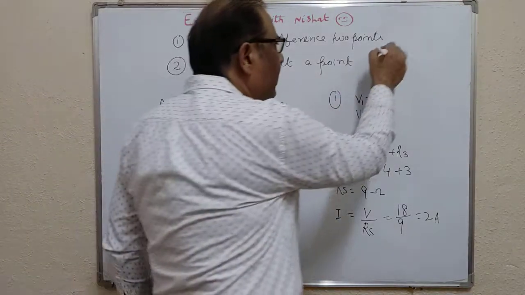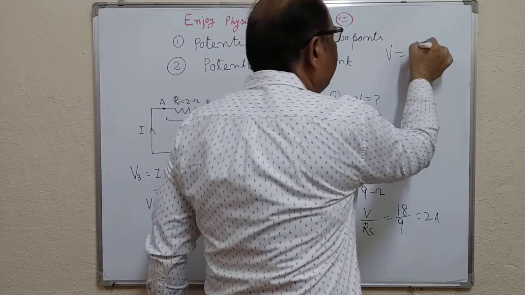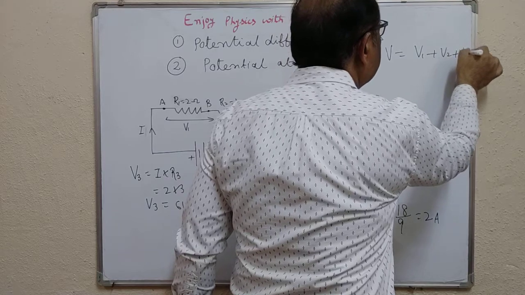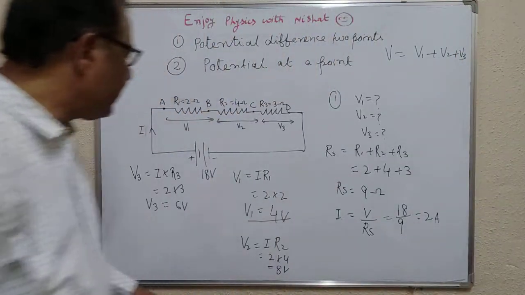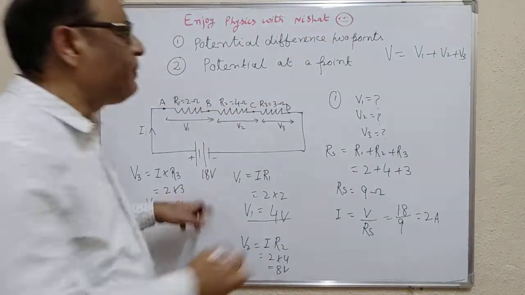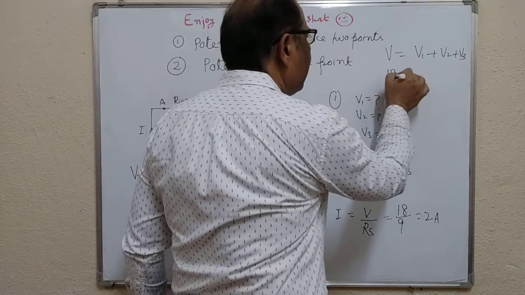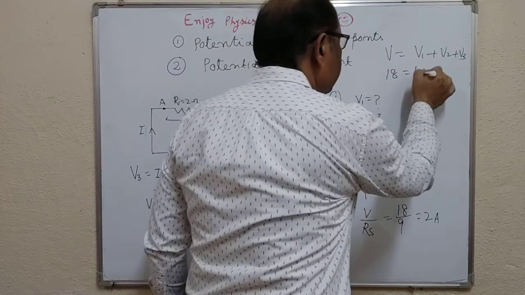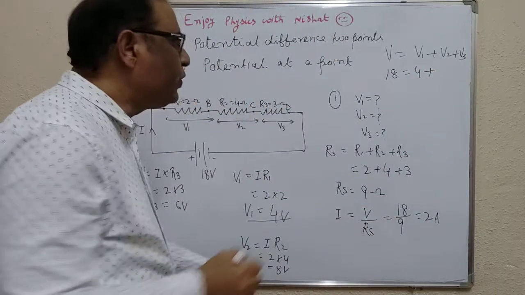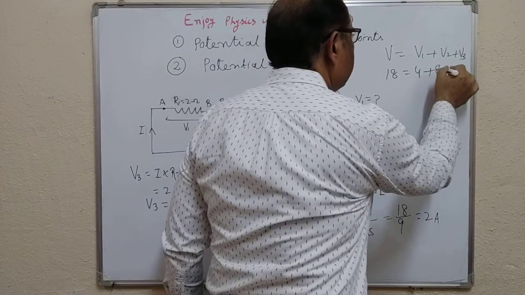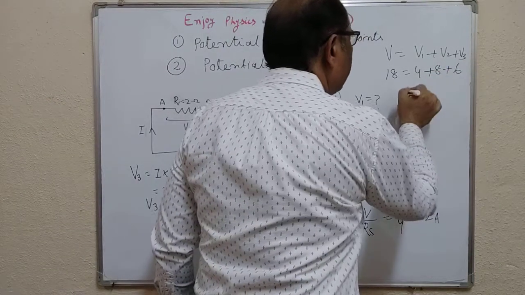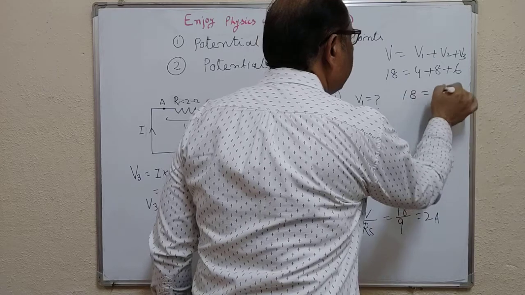So here you must know that in series V must be equal to V1 plus V2 plus V3. See dear students, here V is 18 volt power supply, and here V1 is 4, V2 is 8, V3 is 6. So 18 equals 18.